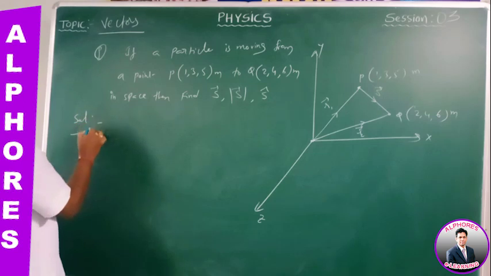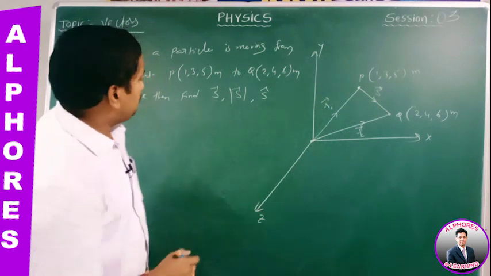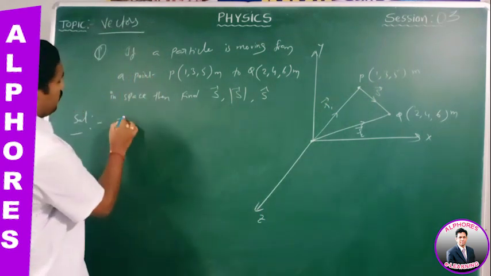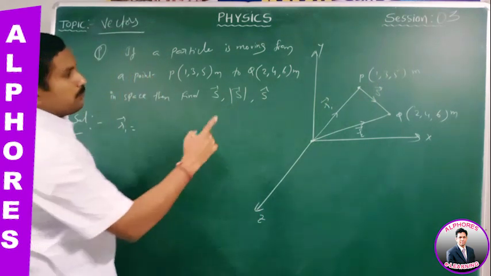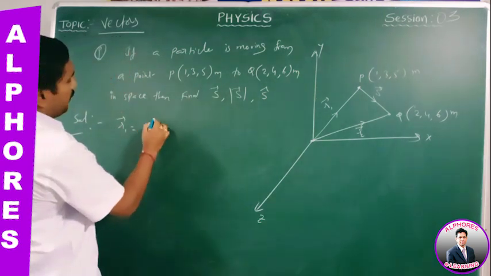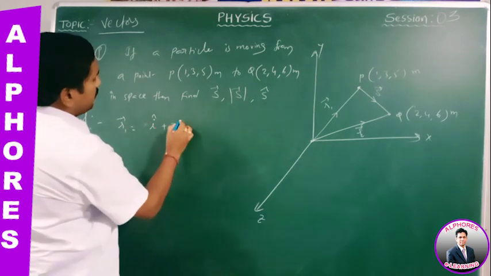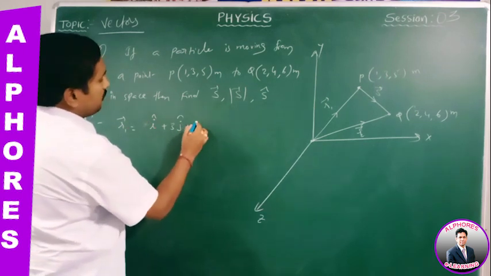According to the concept, if the particle is at point P, what are the coordinates? According to the definition of position vector, for a point with three coordinates in three dimensions, the value is 1 i cap plus 3 j cap plus 5 k cap.